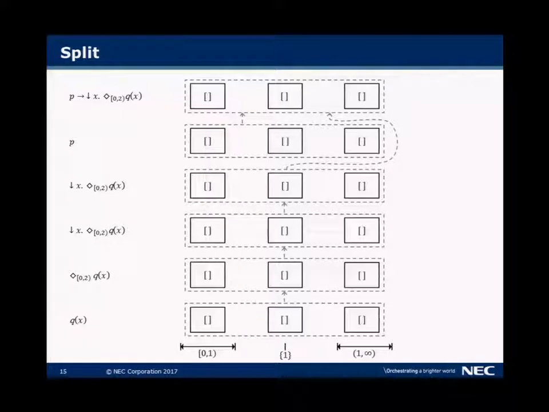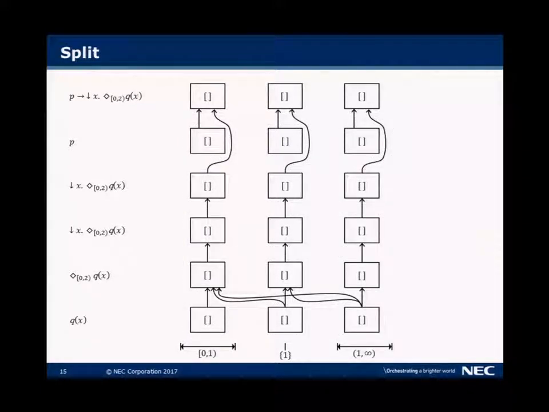We inherit the nodes from the split interval. Then the edges for the non-temporal connectives are fairly easy. They are more or less just copied, inherited from the split nodes. For the temporal nodes, it's a bit more complicated because we have to adjust them. But more or less, this is what we get in this example here.